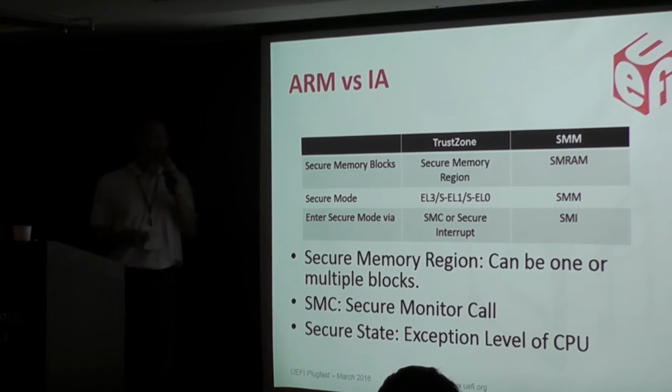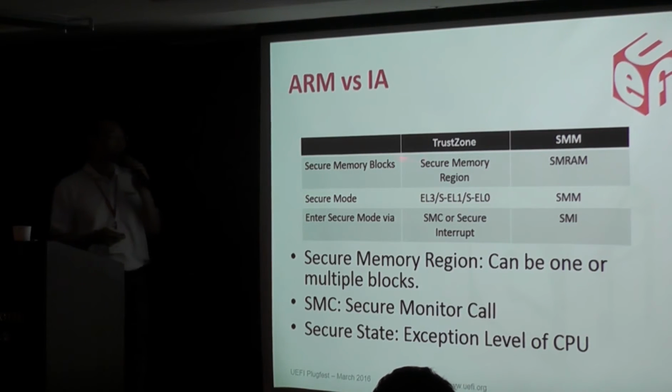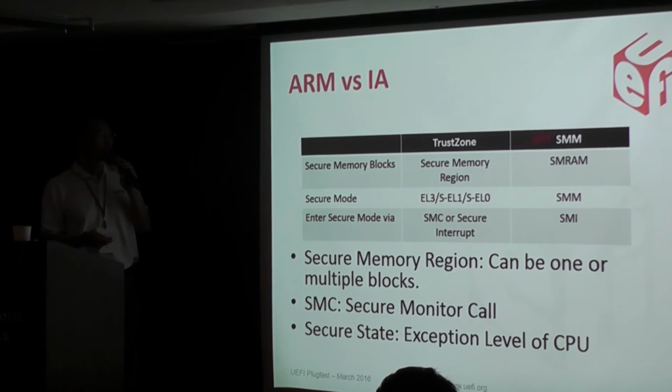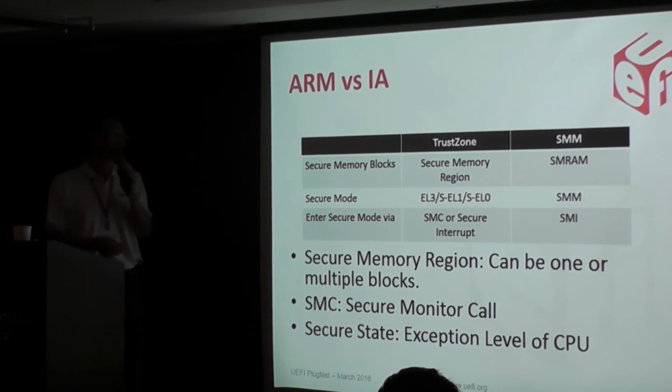Okay, the first table, this configuration matrix, summarizes what we already explained in the previous slide. If you are familiar with SMM, for SMM we know the secure memory region is called SMRAM. But for ARM TrustZone, it's called the secure memory region. The secure memory region can be one or multiple blocks; it's SoC implementation dependent.